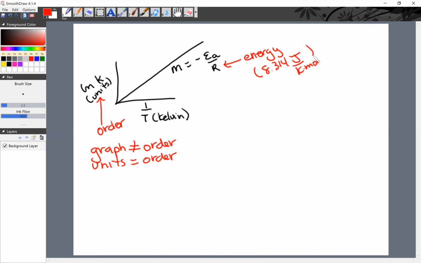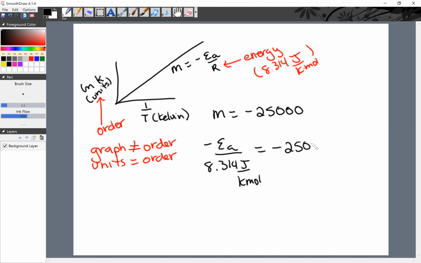That's the one that we're going to have to plug in. Again, I'm making up these numbers completely. So if the slope comes out to be a negative 25, well, I'll just say 25,000. If it comes out to be a negative 25,000, can you get my activation energy? Why, yes, because negative activation energy over 8.314 joules per Kelvin mole is equal to a negative 25,123.